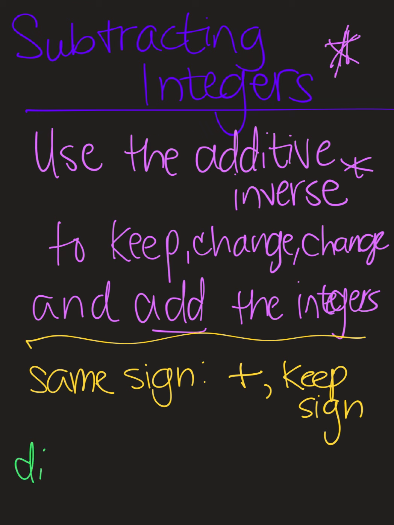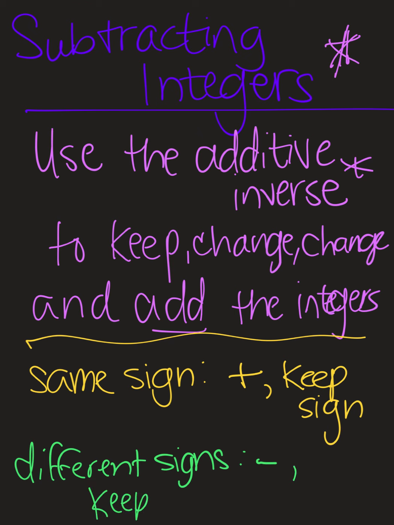When we have different signs, one each negative and positive, we subtract and then keep the sign of the larger absolute value. So if I have the numbers 4 and 12, 12 is larger, so I'll keep the sign of whatever the 12 has, whether that be negative or positive.